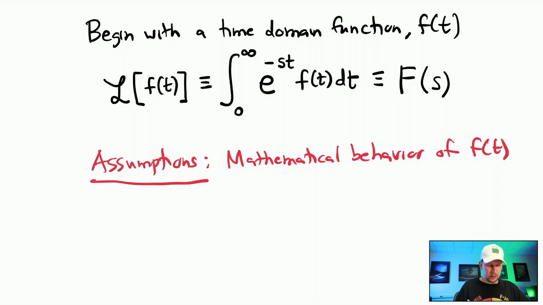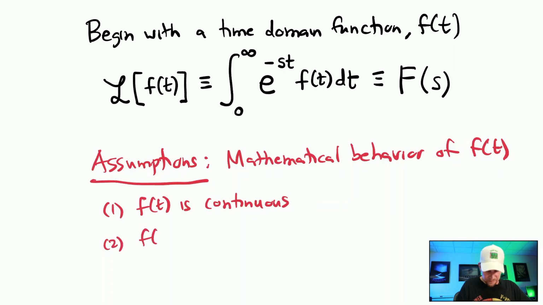So the assumptions that we're actually going to make is one, that f of t is continuous. The second is that f of t is piecewise smooth.